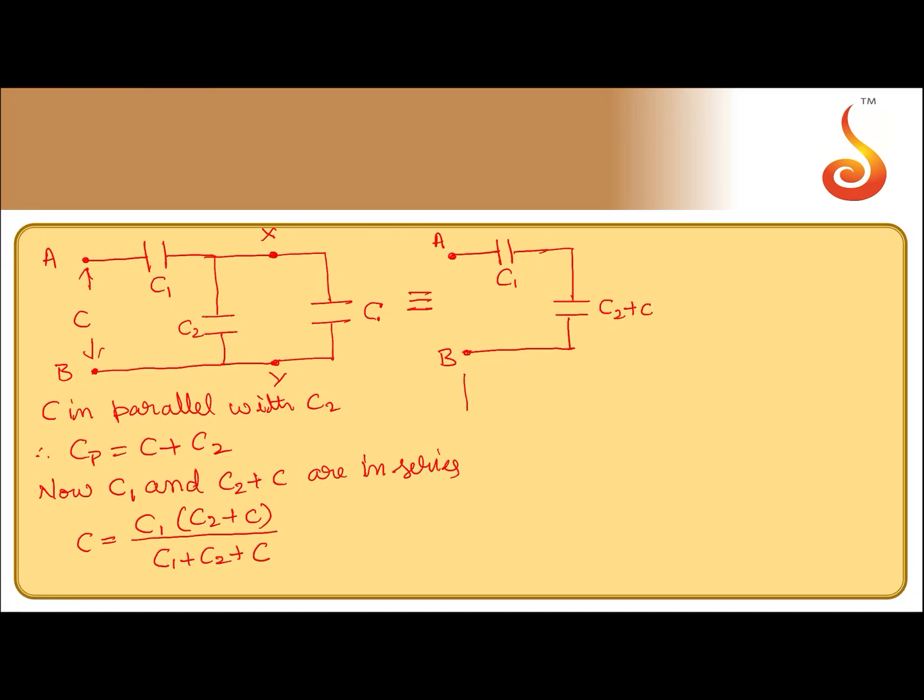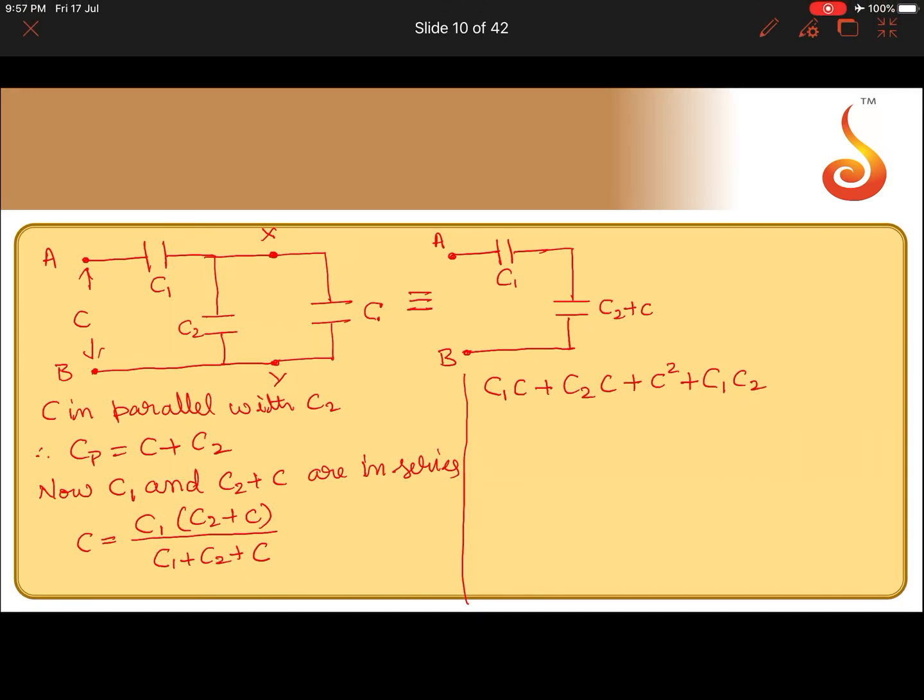Now, our intention is to solve for C. Cross multiply this, we will get C1 into C plus C2 into C plus C square plus C1 C2, in fact this should be equal to C1 C2 plus C1 into C. Now, C1 into C, C1 into C get cancelled.